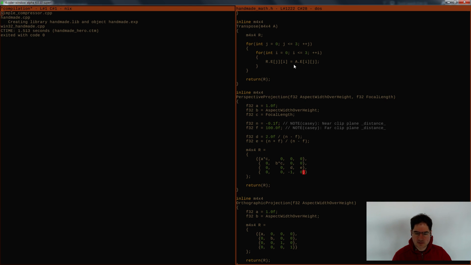We did not factor in the divide by Z, however. After this runs, we have a synthetic divide by Z that happens here, right? Our -1 will put our Z actually into the denominator of these functions, right? Not saying this very well.